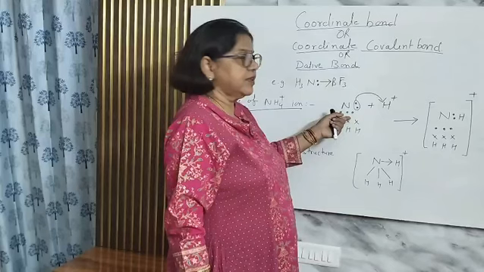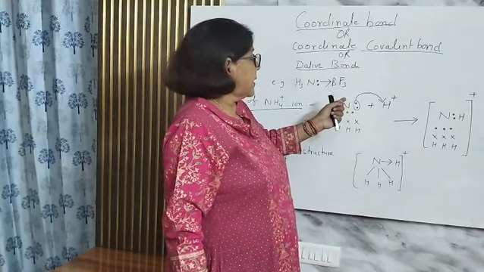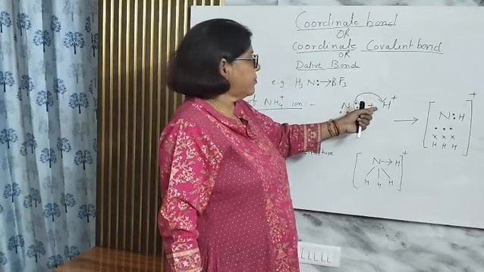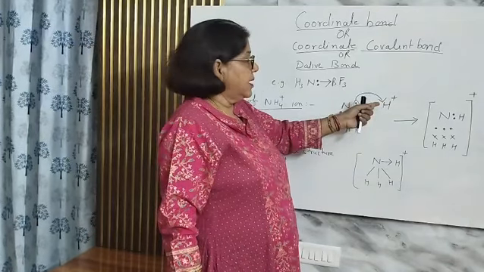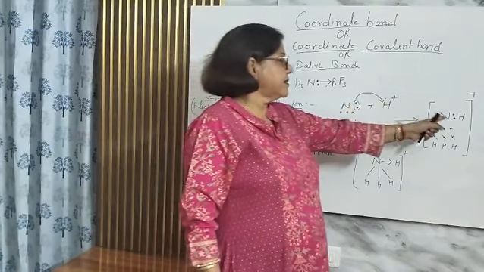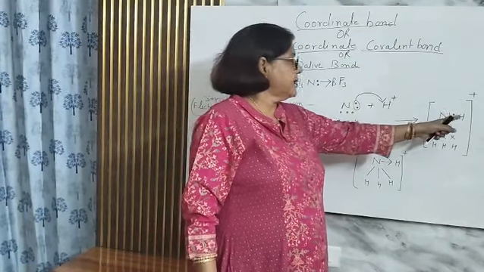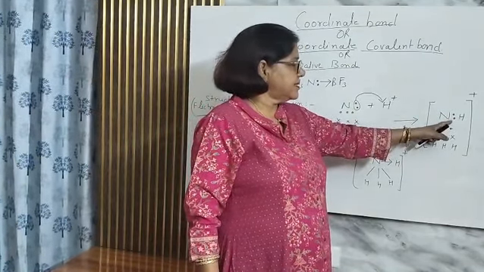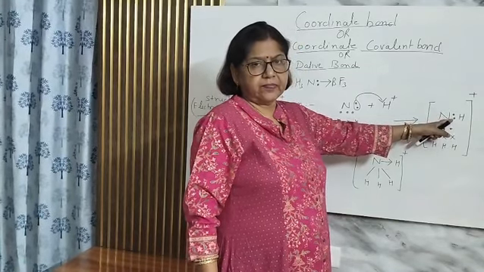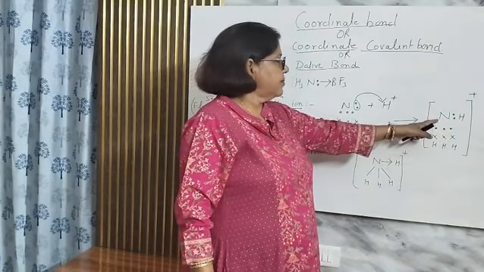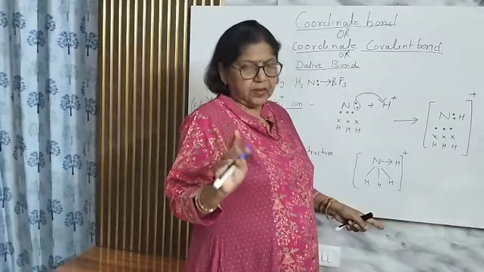When a proton approaches this ammonia molecule, then nitrogen donates a pair of electrons to hydrogen, right? So what happens as a result of that? This hydrogen, meaning this proton, sticks to the lone pair of nitrogen, and the rest of the bonds between nitrogen and hydrogen remain the same.